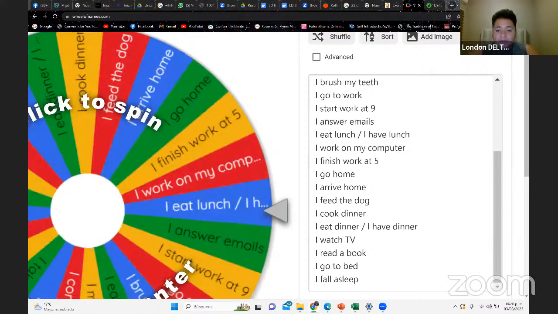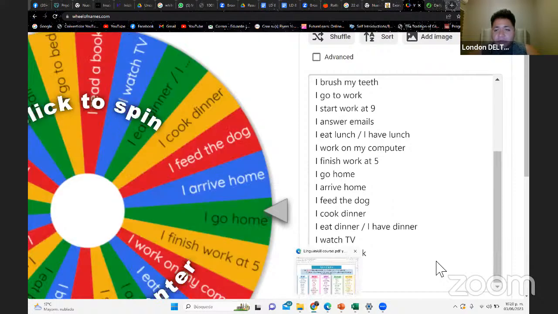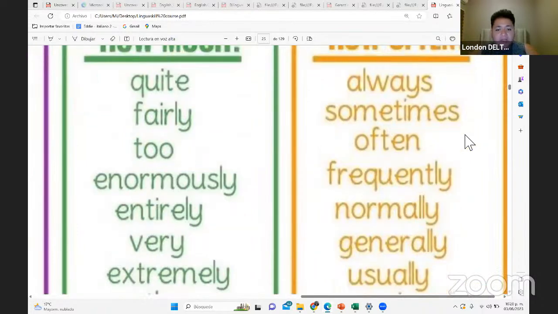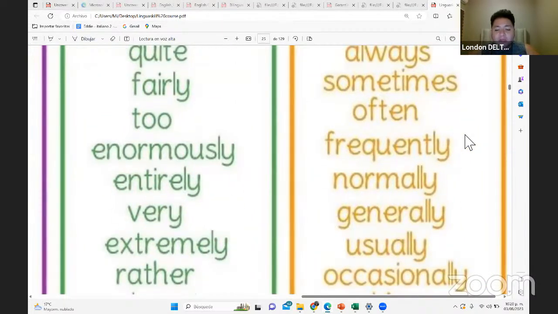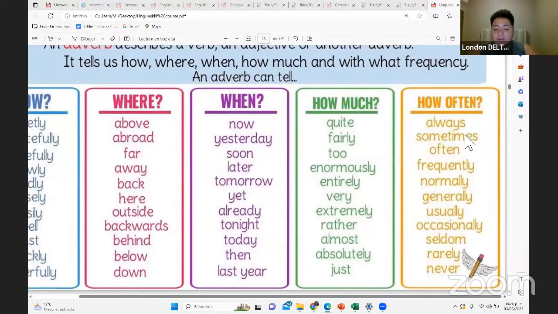Entonces el otro contesta utilizando estos pronombres de frecuencia, okay, the last column. Always, sometimes, often, frequently, normally, generally, usually. And you tell your partners when you do these things. Okay.